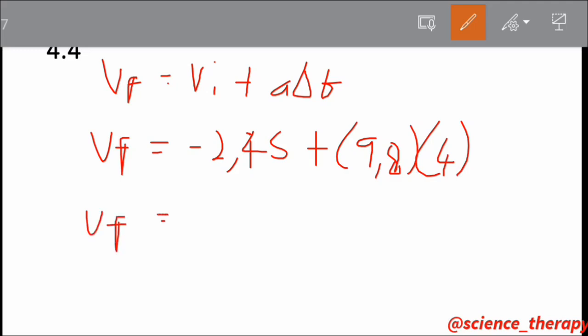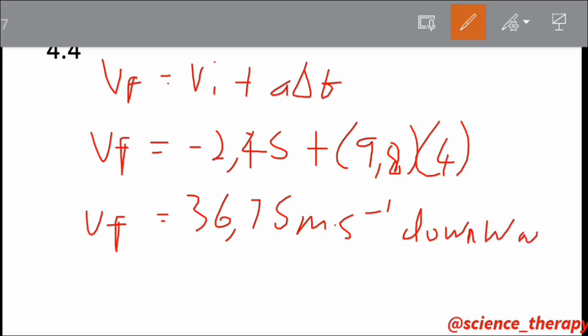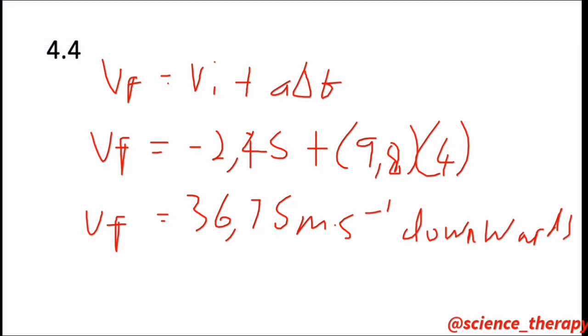Then VF is equal to, you punch that in your calculator, you have 36.75 meters per second, right? And then where is it going? It is going downwards. Remember, after the maximum height, the direction changes, and then the ball is now moving downward, right?